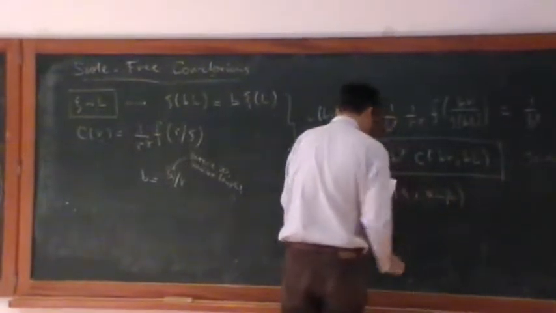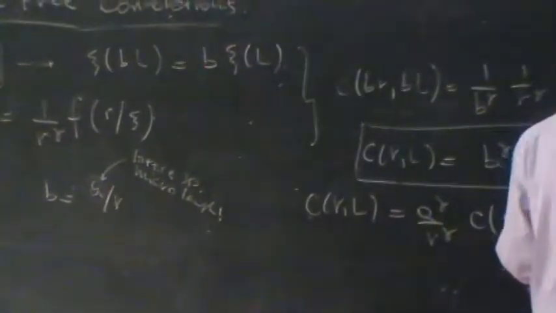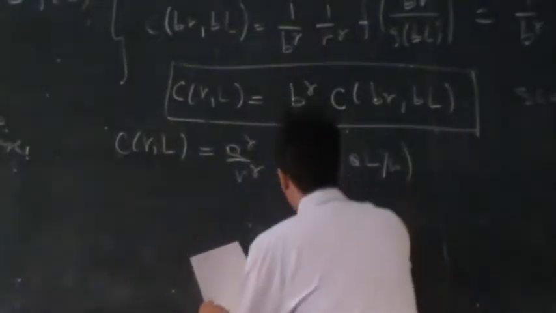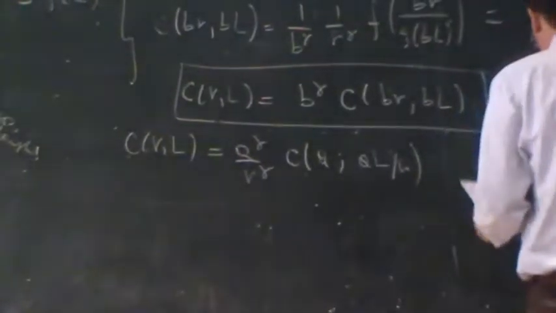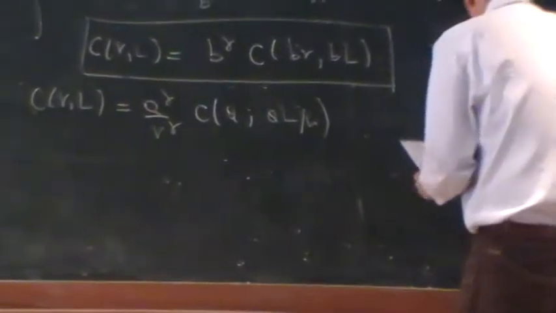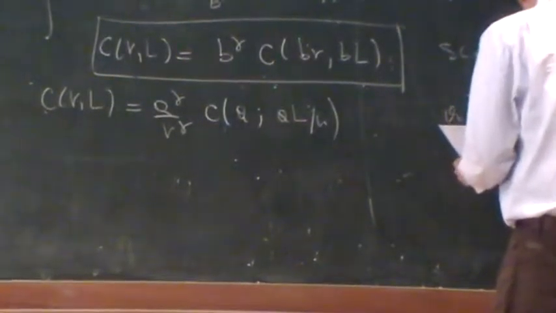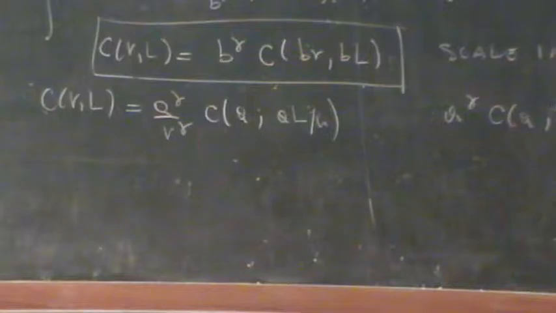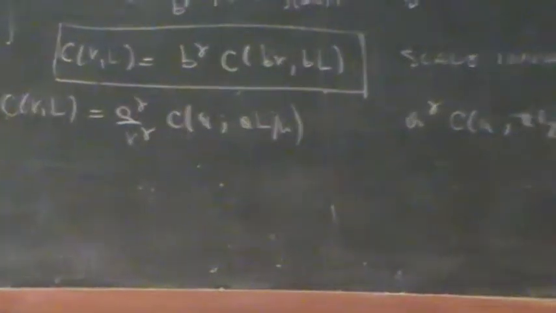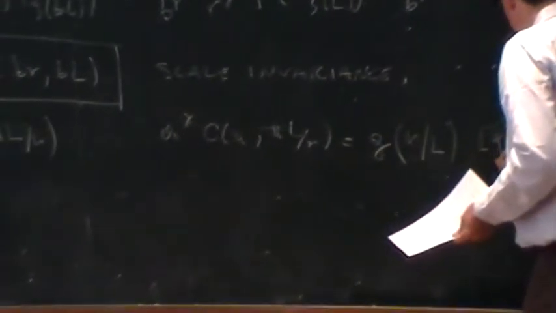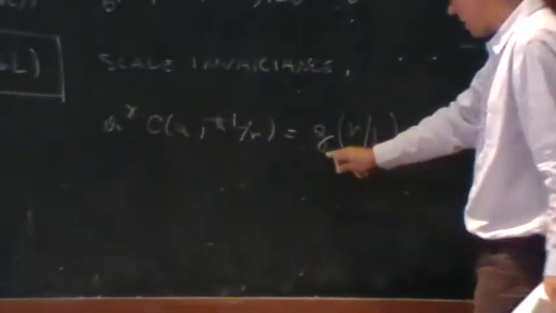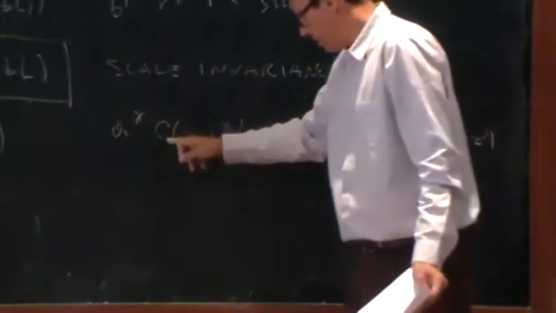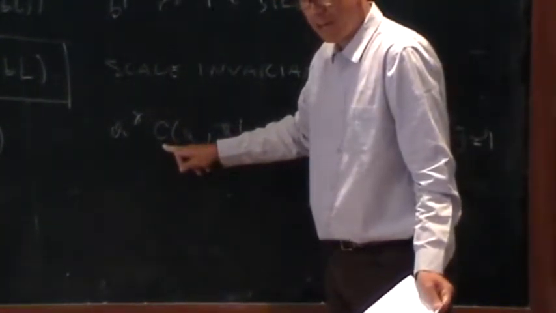C of A, A L over R. Okay? And now let me define A to the gamma, C of A, A L over R as G, another function, of R over L. The dimensions of this function is 1. So this is a dimensionless function. Why? Because the dimensions of C are 1 over R to the gamma, by definition.